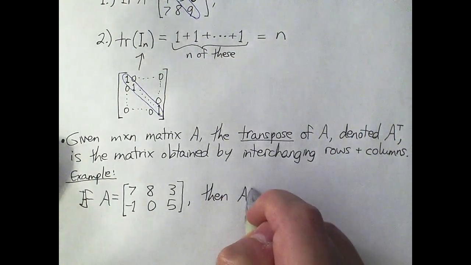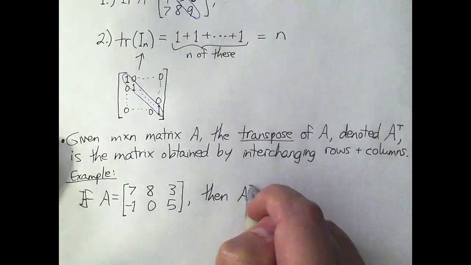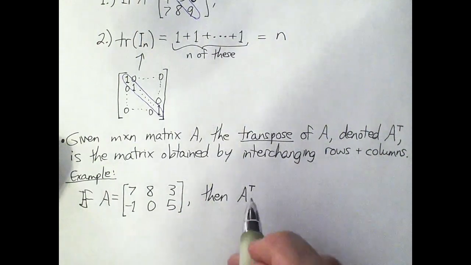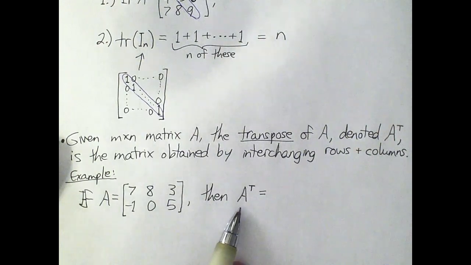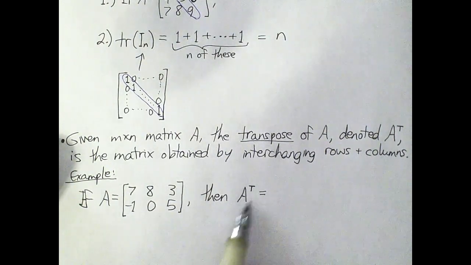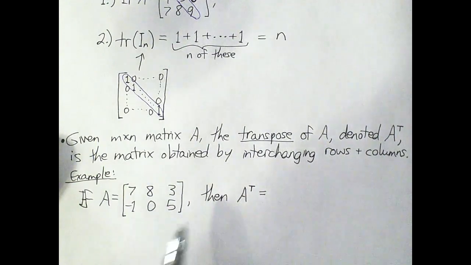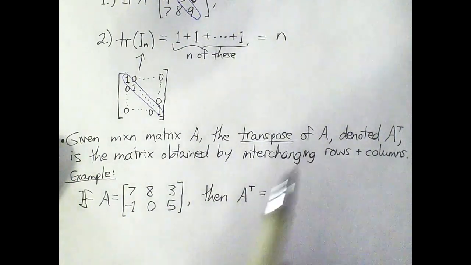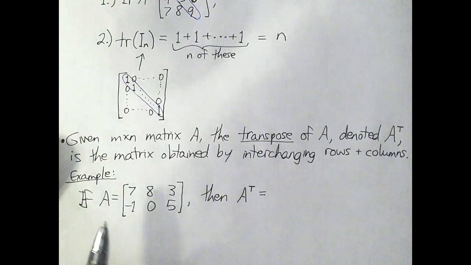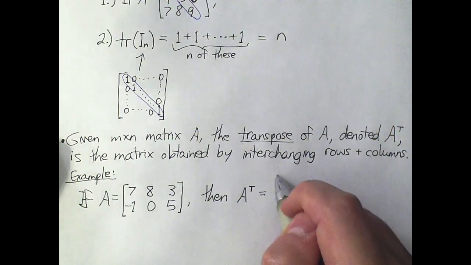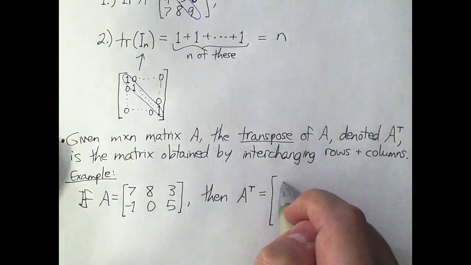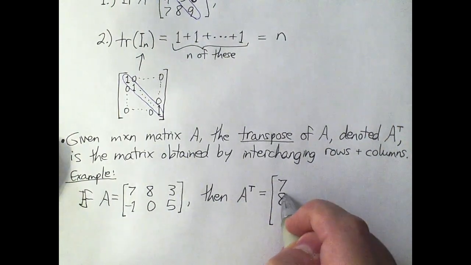Then we would pronounce this as the transpose of A, or we sometimes pronounce this as A transpose. How do we swap the rows and columns? Interchange just means you swap the rows and columns. So the first row of A is going to become the first column of A transpose.